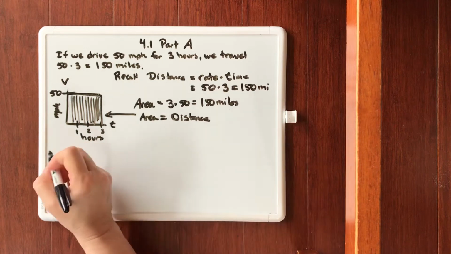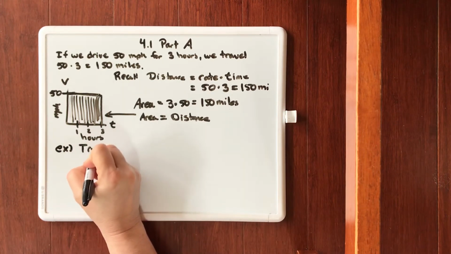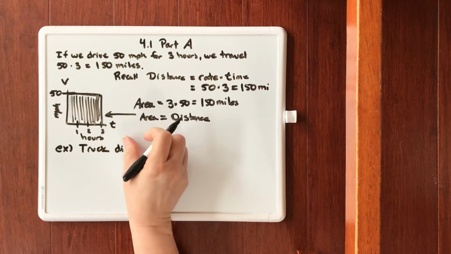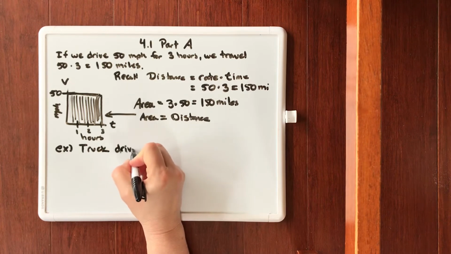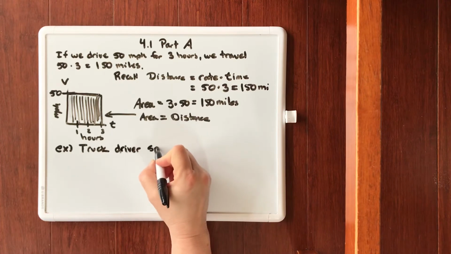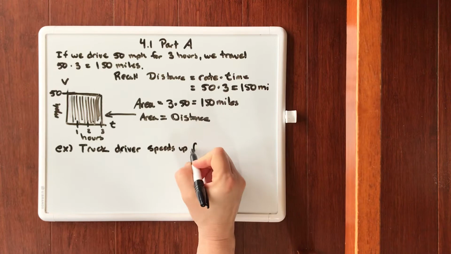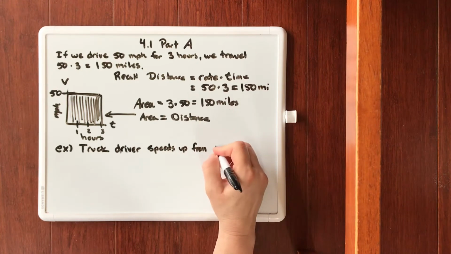So let's do another example. We have a truck driver, and the truck driver starts on a trip and he speeds up linearly from 0 to 60 miles per hour.